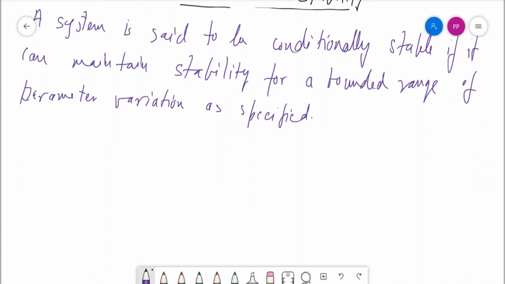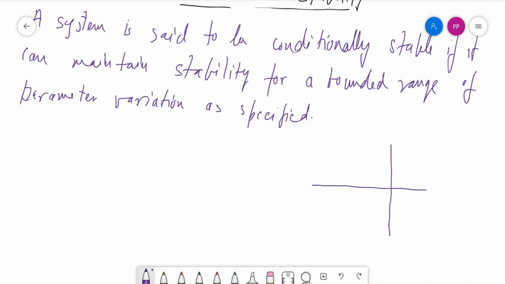If we take a system and draw its S-plane roots, and the poles are on the negative real axis, then the system will show asymptotic stability, meaning in the time axis the system output will decay like this whenever the input is removed, or it will show a stable output position like this.